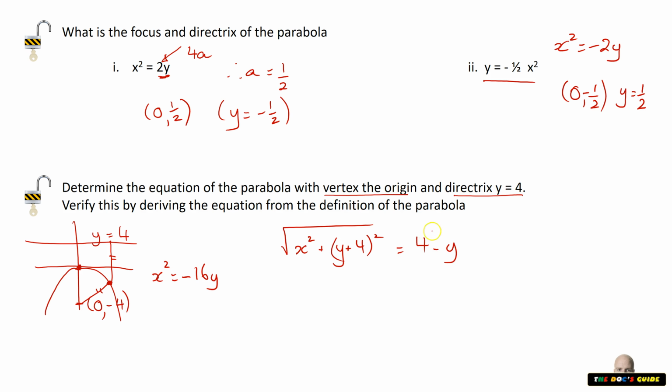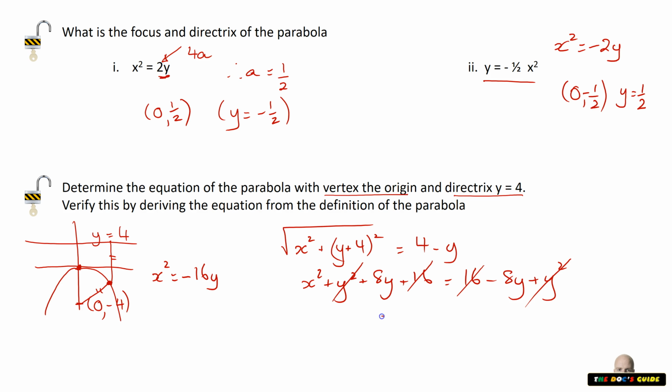You may want to again just convince yourself of why that's minus there. Square both sides, so x squared plus y squared plus 8y plus 16 equals 16 minus 8y plus y squared. Gather terms together and we can see that what we get is x squared equals minus 16y, as expected.